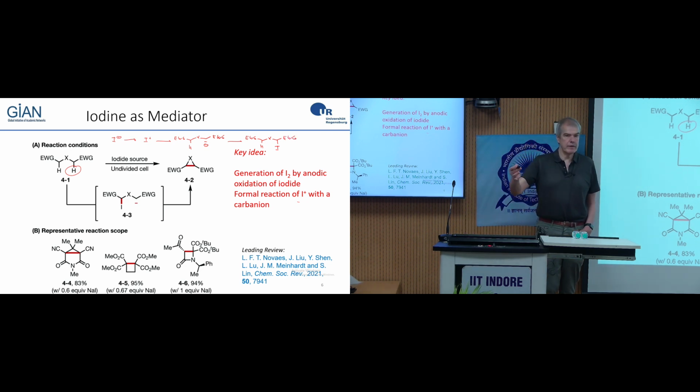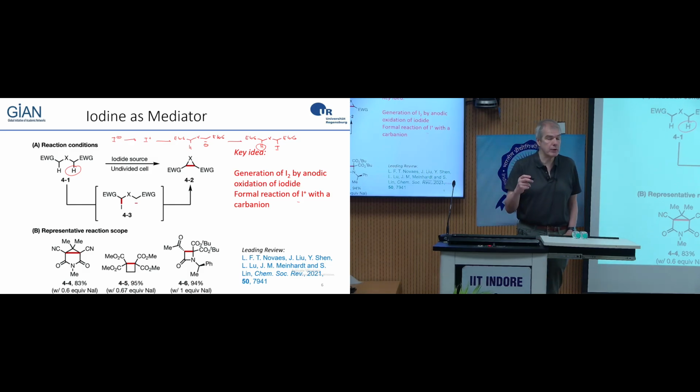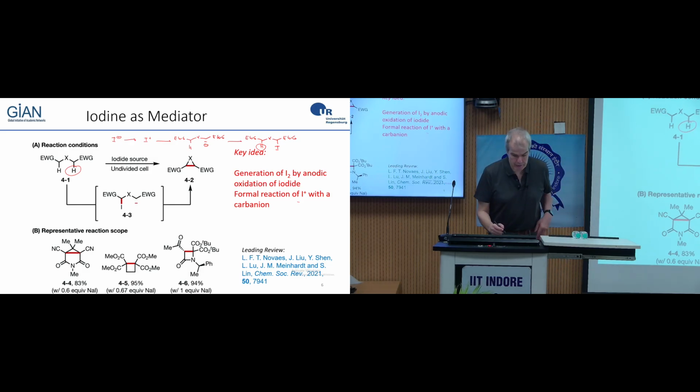In the previous example, we would add the I plus to a double bond. Here we're adding the I plus to a carbanion. And then under the basic conditions, if we would deprotonate here again, then we're getting the anion here, but this is not the electrochemical step any longer. The electrochemical step is the iodination in alpha position to the electron withdrawing group.